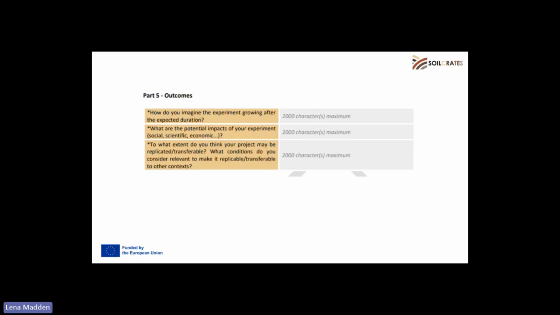If you envisage to continue to do the practice, how you envisage to disseminate it to your peers, to make sure that if it's a good outcome, peers would be able to, so you can disseminate it and show other farmers basically that it works, and it works well, or it doesn't work well, etc. And if you expect the practice to develop after the duration of the project.